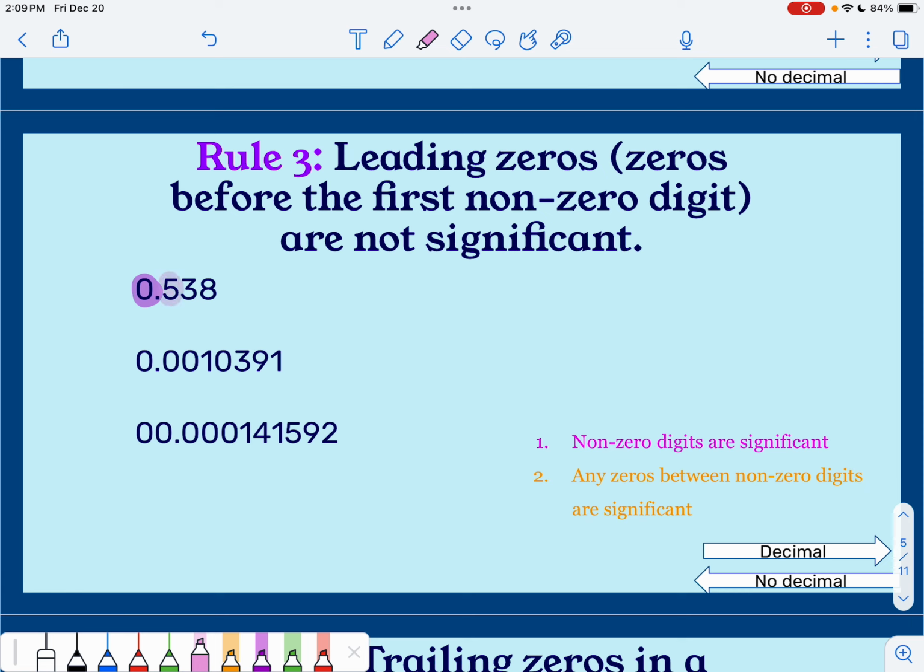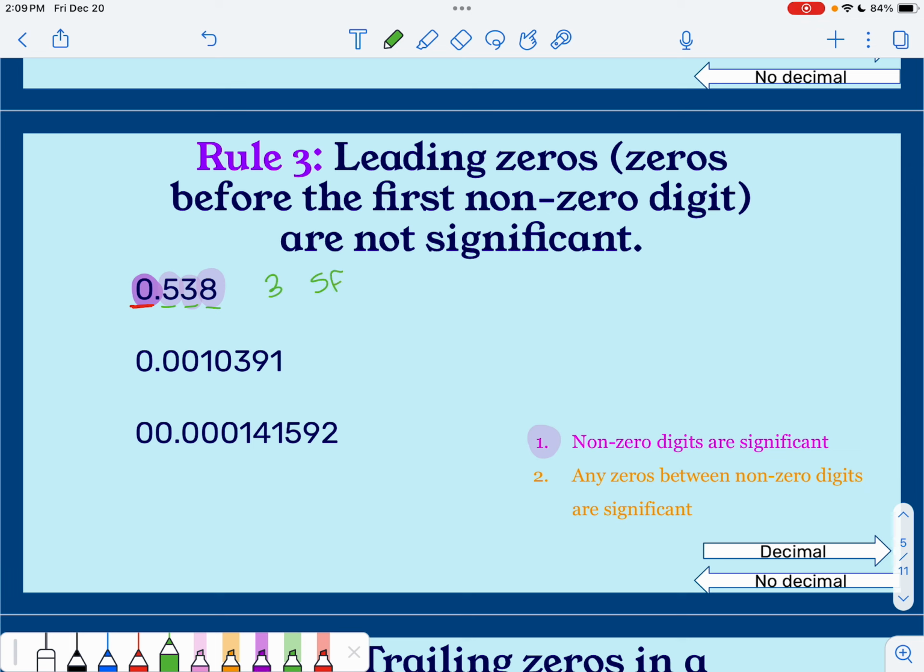So here, this one is the first non-zero digit, but the 0 is before that. So this 0 is not significant. But let's look at the rest of the numbers. We already know from rule 1 that 5, 3, and 8 are all significant. So that means 1, 2, 3, 3 sig figs.